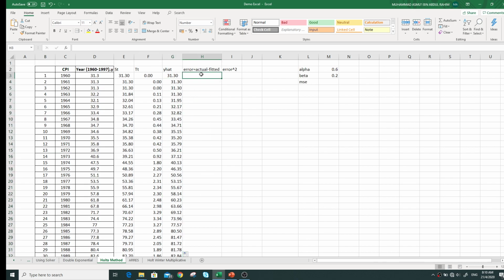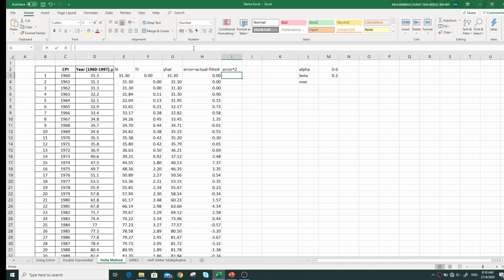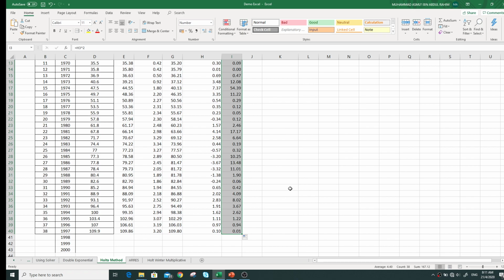So for the error, this is the actual value minus the fitted value, then enter and drag. Then the error squared, drag.